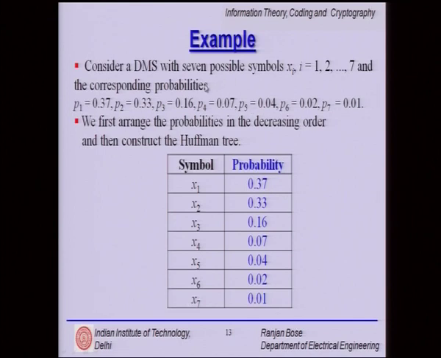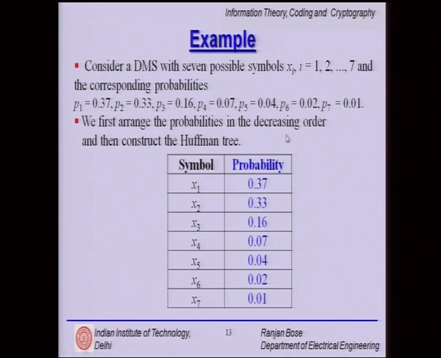Suppose the symbols were equiprobable, then in order to represent 7 or even 8 symbols, we would clearly require 3 bits per symbol. Log to the base 2 of 8 gives me 3. So 3 bits are sufficient to represent the symbols, but can we do better?